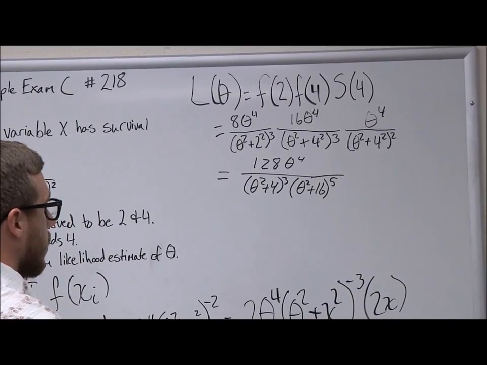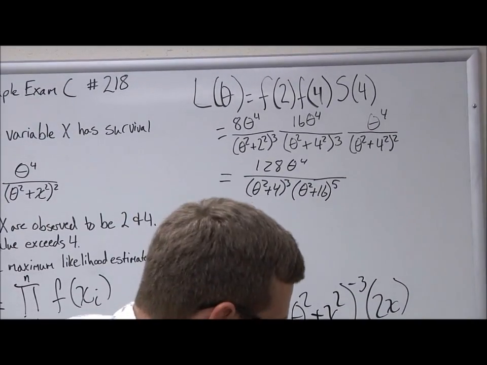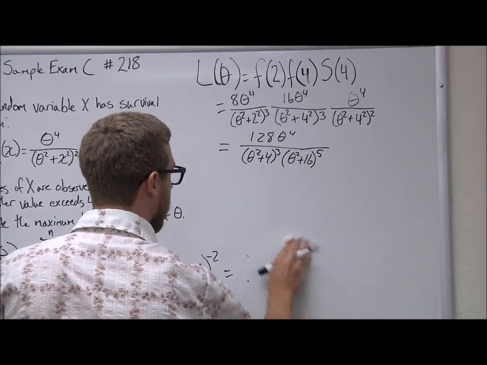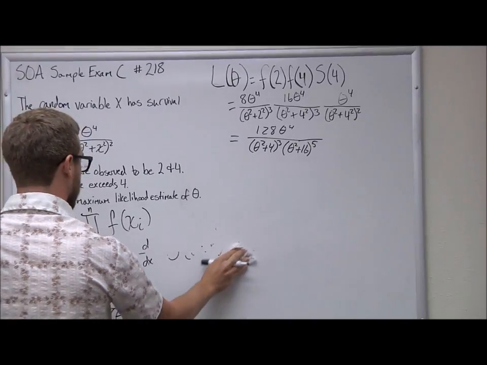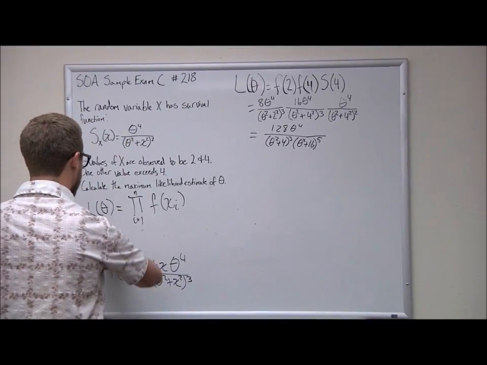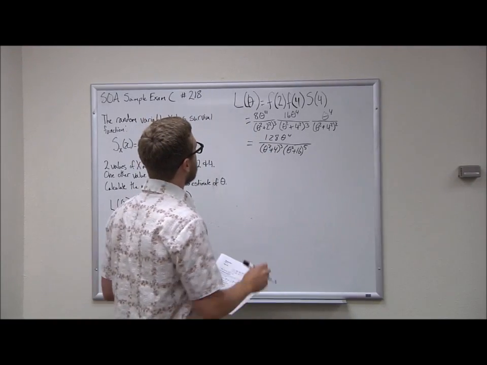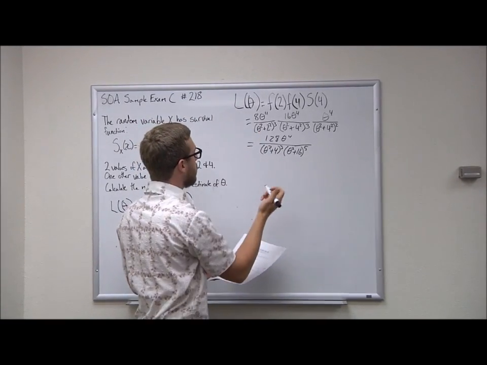Okay, now we're going to look for the maximum likelihood estimate. And to do that, we'll take the log likelihood function, which is just ln of the likelihood function.